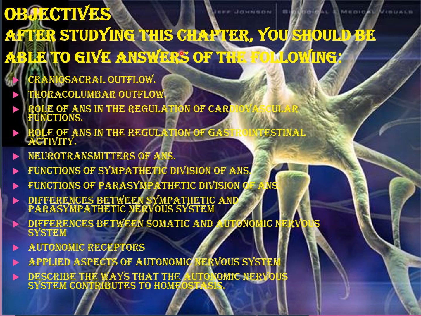Objectives. So after studying this chapter, you should be able to give the answers of the following: craniosacral outflow, thoracolumbar outflow, and role of the autonomic nervous system in the regulation of the cardiovascular functions, and role of the autonomic nervous system in the regulation of the gastrointestinal activity, then neurotransmitter of autonomic nervous system, then functions of the sympathetic division of autonomic nervous system, functions of the parasympathetic division of autonomic nervous system, then differences between the sympathetic and parasympathetic nervous system, differences between the somatic and autonomic nervous system, autonomic receptors, then applied aspects of autonomic nervous system.